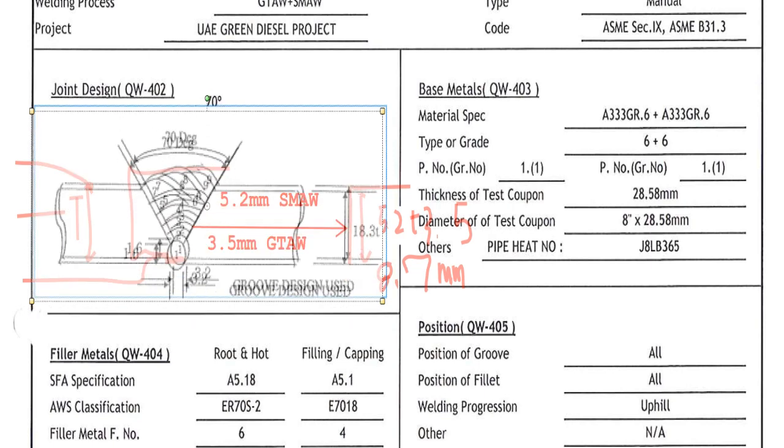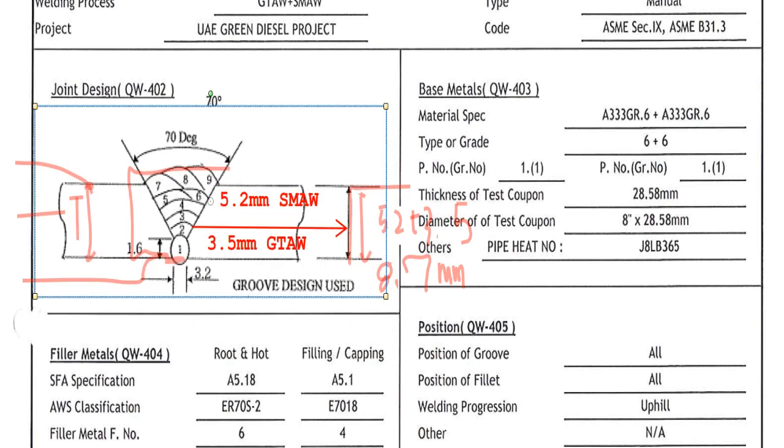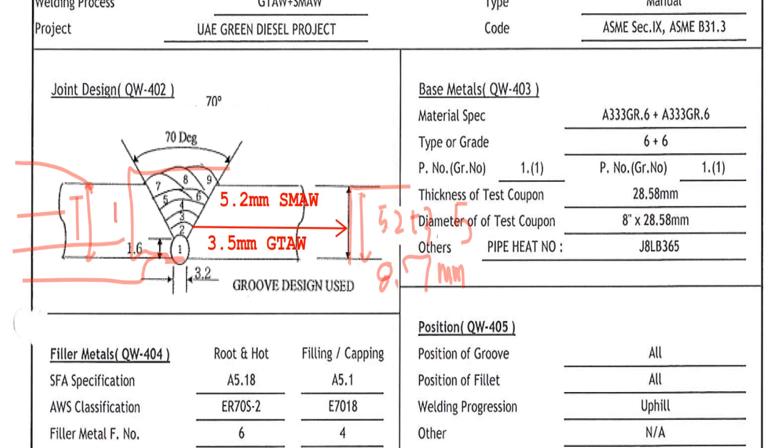So this is lowercase t, but excluding this reinforcement, internal reinforcement and external reinforcement, excluding. So this distance is lowercase t.